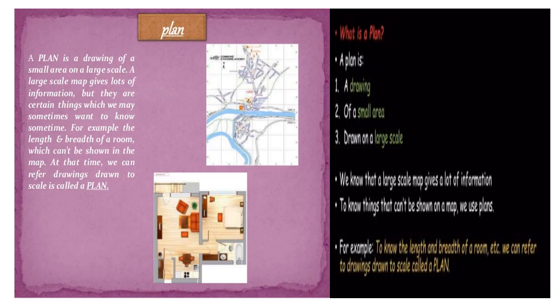So we can have detailed information about a small area using a plan. To know the length or breadth of a room in your house, you can refer to the drawings, which are drawn to scale. A sketch is not drawn to scale. It's a rough drawing. But a plan is drawn to a scale.